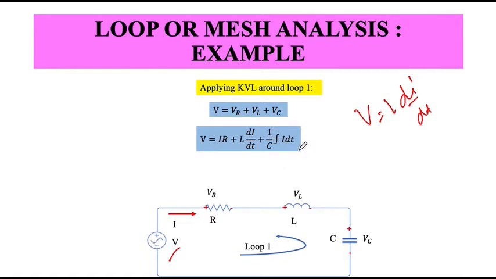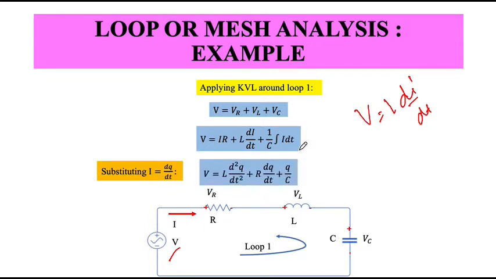In a similar way, we have written the current expression for an inductor. So where does this current come from? Well, current is simply the rate of change of charge, or I is equal to dq by dt, which means that V can be written as L d square q by dt square, double differentiation of charge multiplied with L, plus R dq by dt plus q by C. Just put I is equal to dq by dt over here.